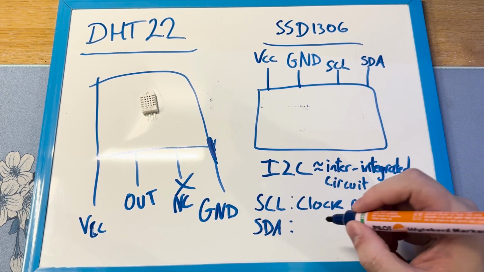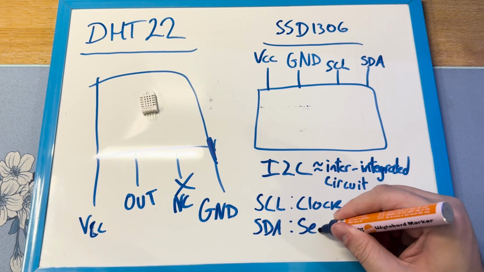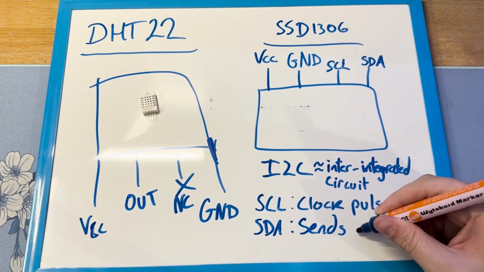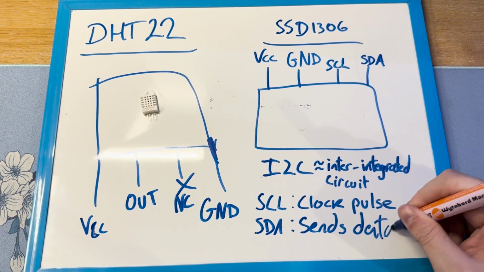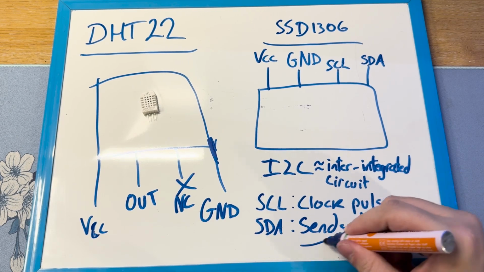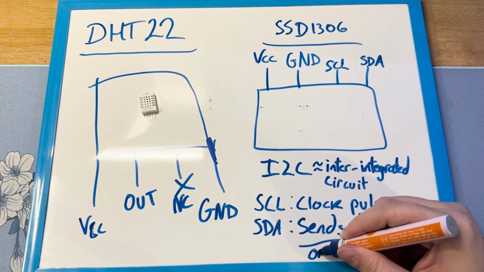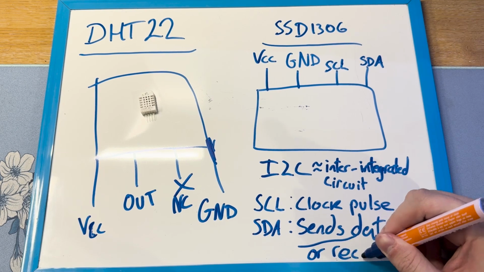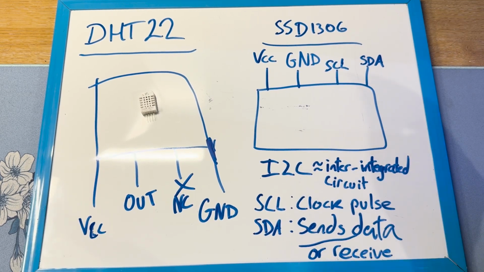This is what sends data and receives data. I hope that was clear. This is just a basic explanation of the I2C protocol. Of course, you're welcome to look further if you're that interested.